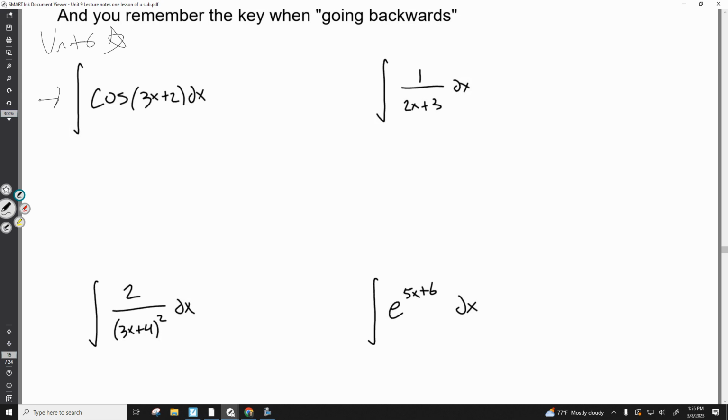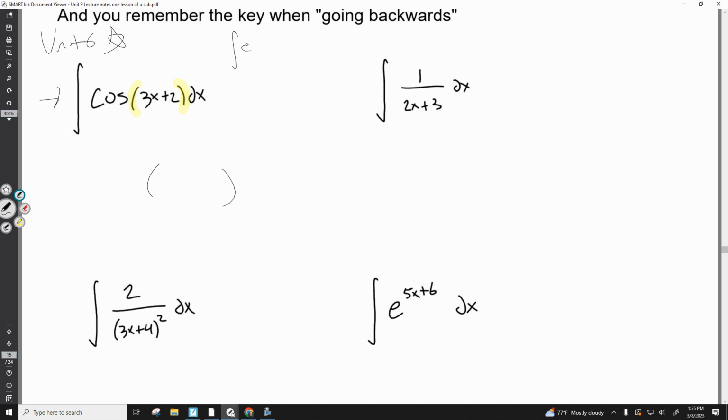To review, if you don't get it right, it's okay. What did you do and what are you going to do? Pay attention to the chain. Pay attention to the parentheses. What starts in the parentheses stays in the parentheses.